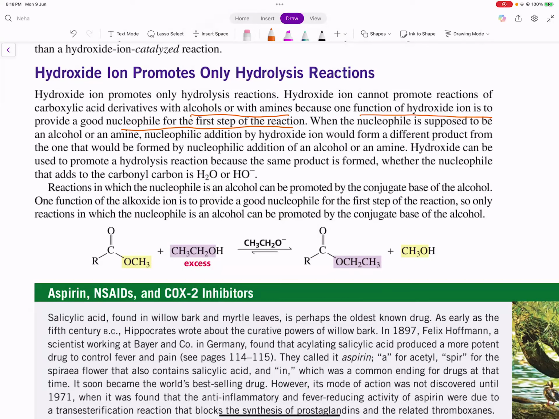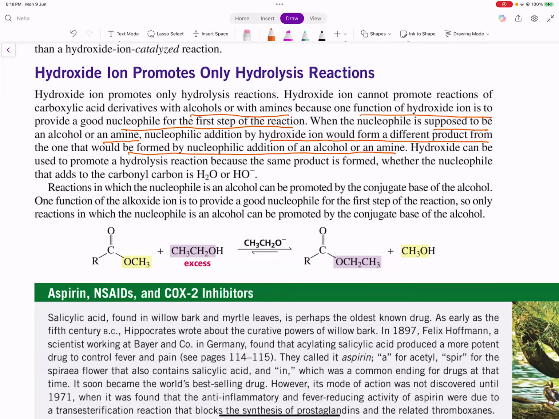When the nucleophile is supposed to be an alcohol or an amine, nucleophilic addition by hydroxide ion would form a different product from the one that would be formed from nucleophilic addition of an alcohol or amine, right? So I cannot simply add HO minus here, right? Clear?